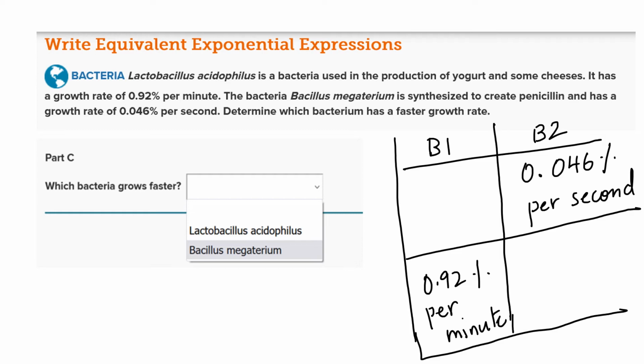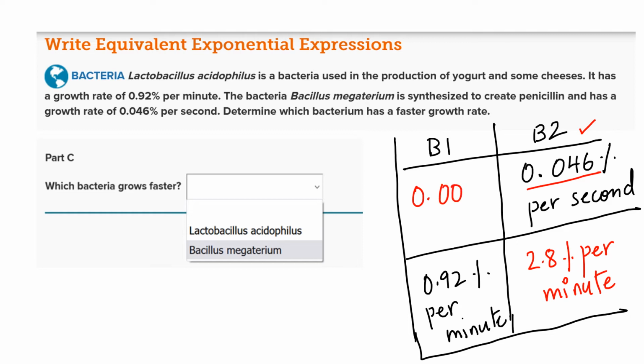So for B2, when we did it in minutes, it came out as 2.8% per minute. So it's definitely quite a large value. And in a similar way, for B1, it came out to be lesser than this value.